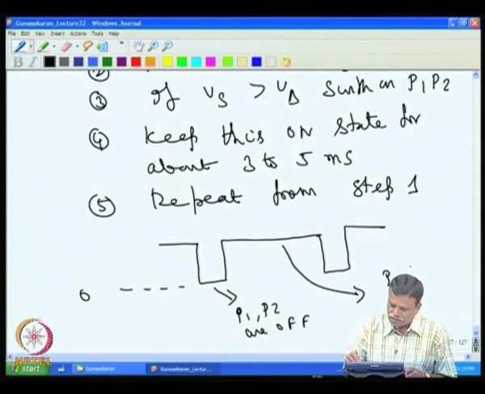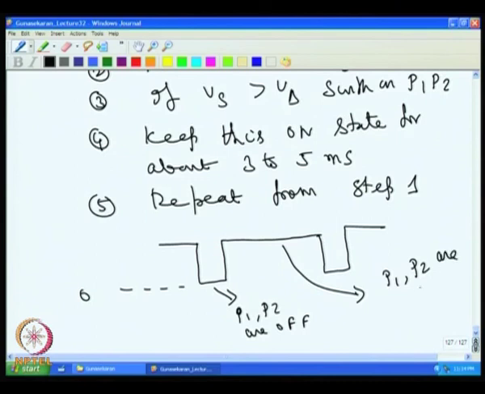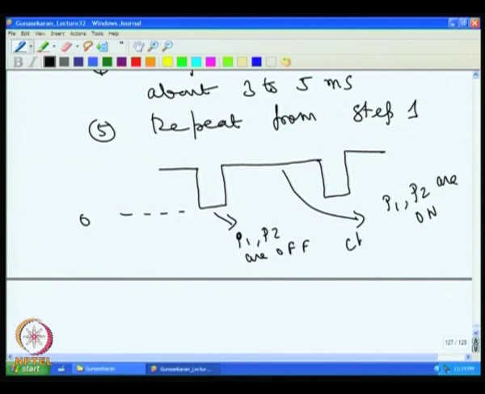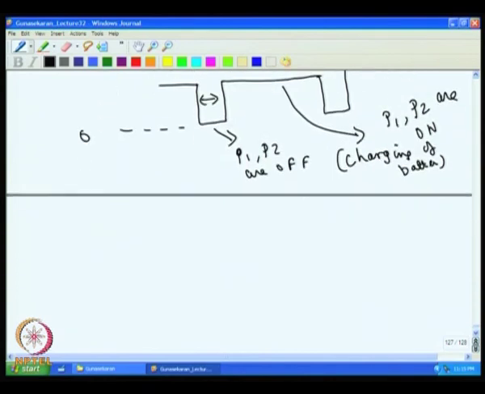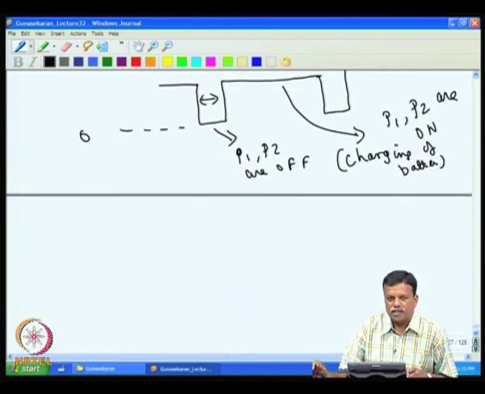Here P1 comma P2 are on, that is, in this case charging of battery is taking place. So, this off time is really the conversion time, because during this time when P1 P2 are off, no charging is taking place from the panel, it is a waste.